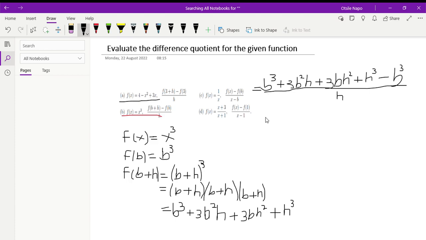Before we can even continue, b to the power 3 and negative b to the power 3 will cancel, leaving us with 3b squared multiplied by h plus 3b h squared plus h to the power 3.